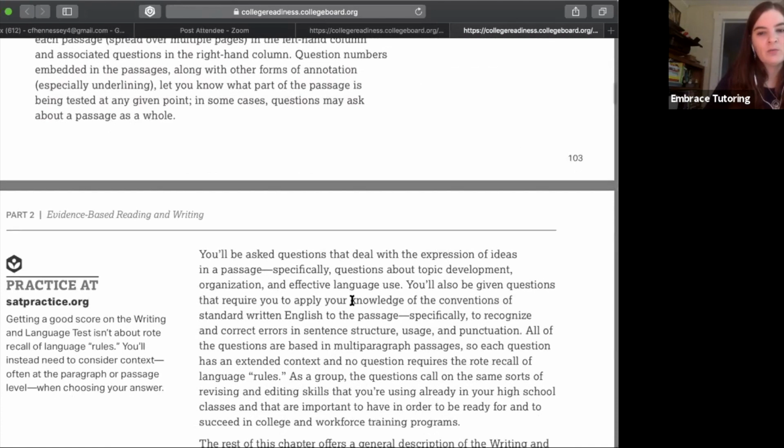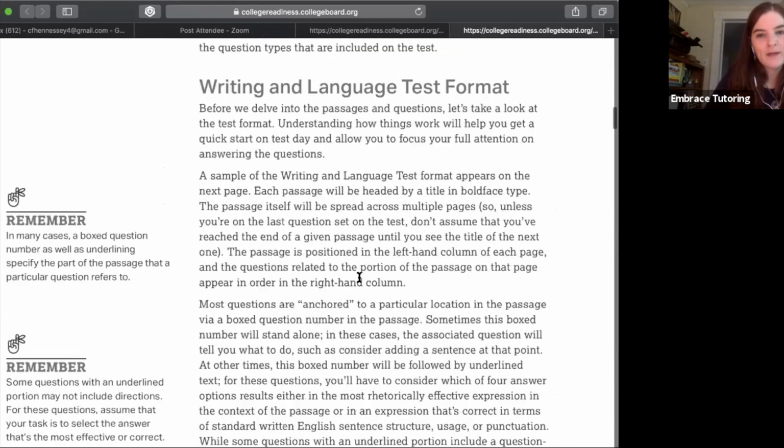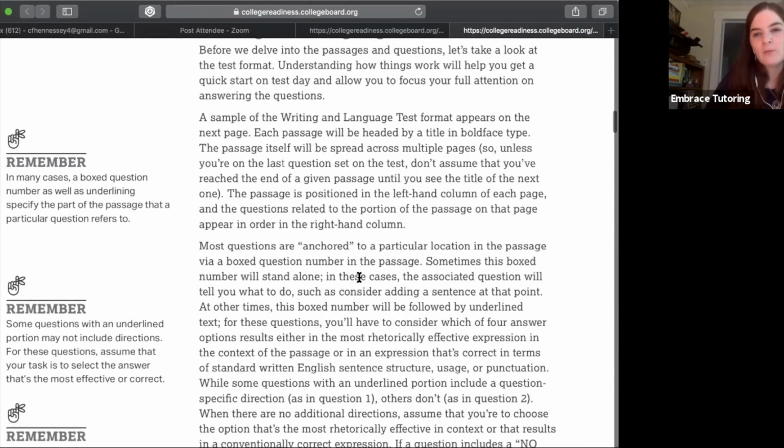So really, the format here: remember that the key difference between the reading test and the writing and language test is that the reading test has passages from actual, famous authors, professional writers, essayists, from renowned, reputable sources, whereas the writing and language test is specifically designed by the test makers.